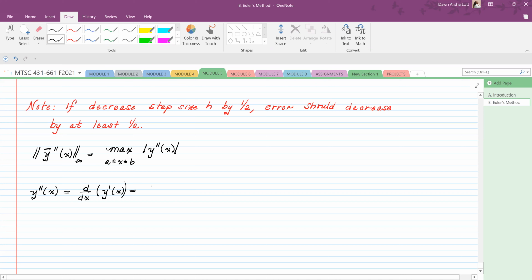But that is the derivative with respect to x of f of x and y, where y is a function of x.